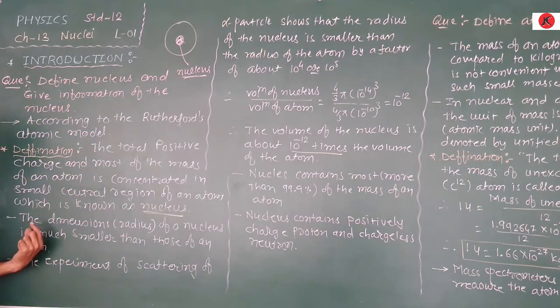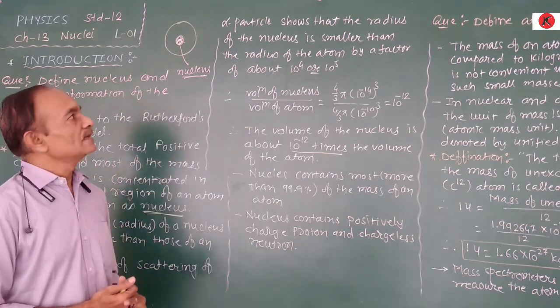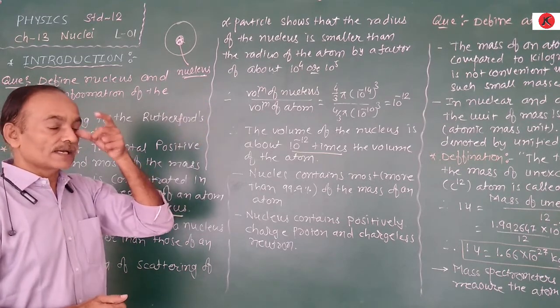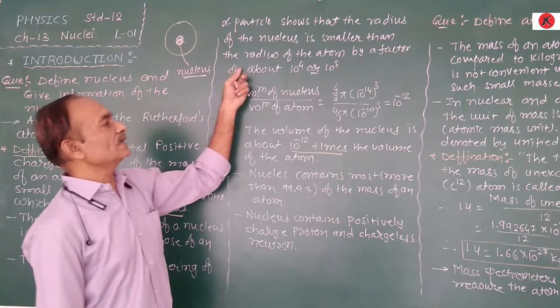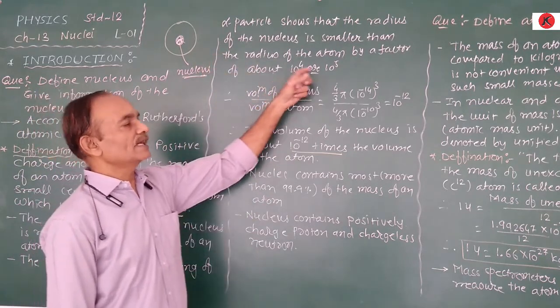The radius of the nucleus is much smaller than that of an atom. The experiment of the scattering of alpha particles also shows that the radius of the nucleus is smaller than the radius of the atom by a factor of about 10⁴ or 10⁵.